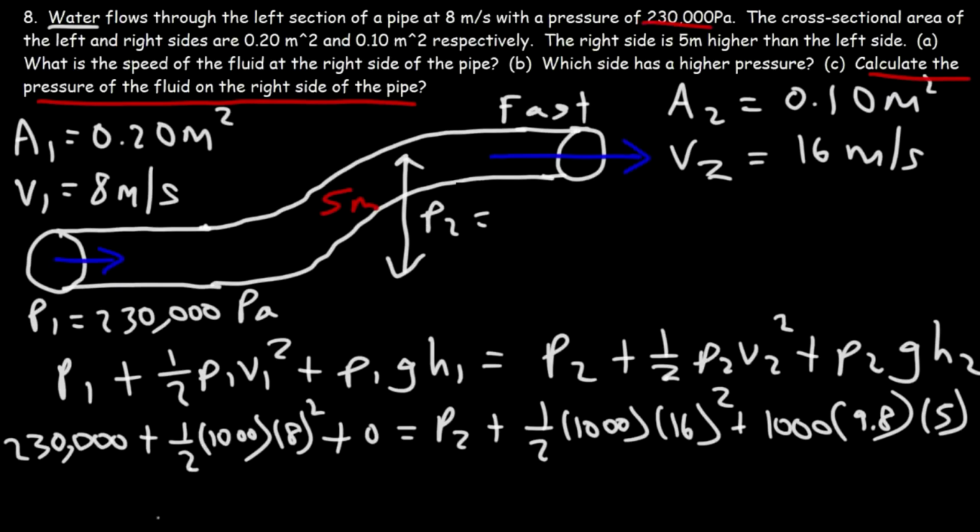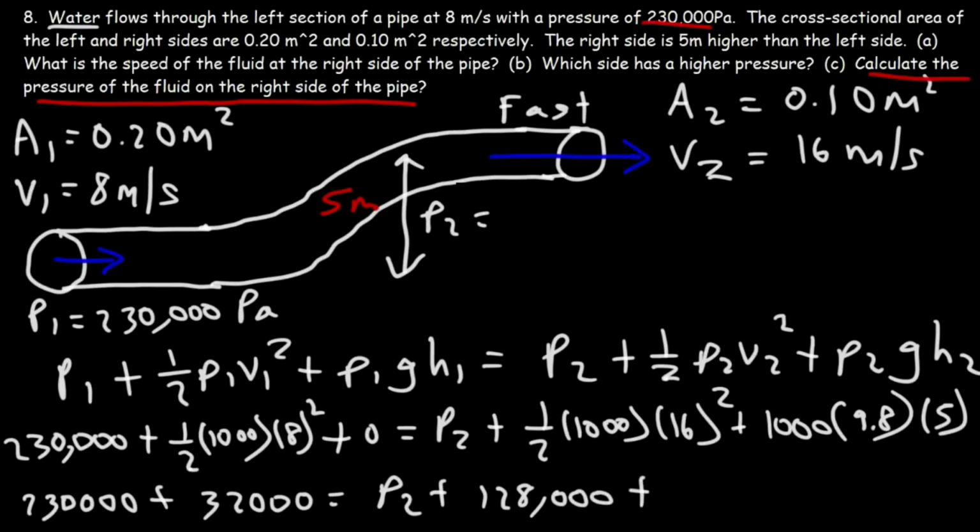Now let's do the math one step at a time. So here we have half of 1,000, which is 500, times 8 squared. That's going to be 32,000. And then 500 times 16 squared. That's 128,000. And then 1,000 times 9.8 times 5 is 49,000.